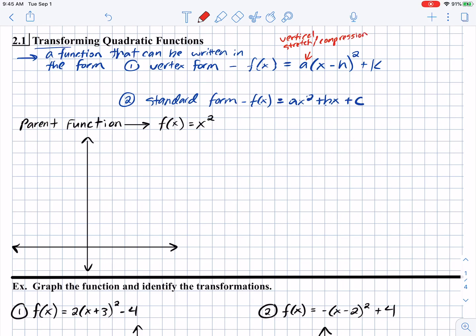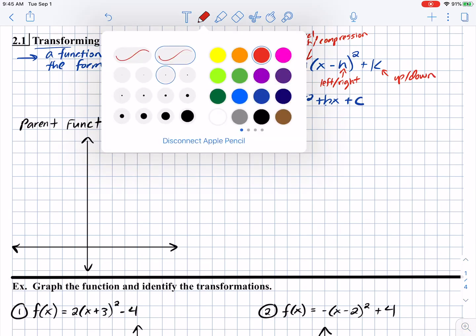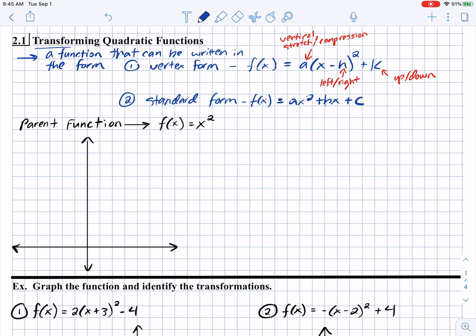It's a vertical stretch when the a value is greater than 1. It's a compression when it's less than 1. h is your shift left to right, and k is your shift up and down. All transformations you have seen before. You've seen these when we were graphing absolute value functions. We're going to continue to practice those today.